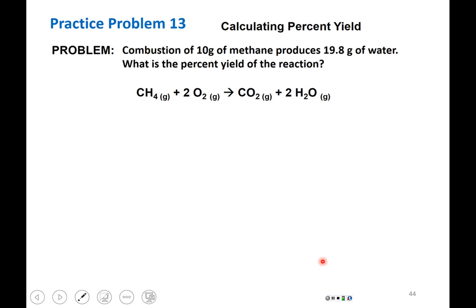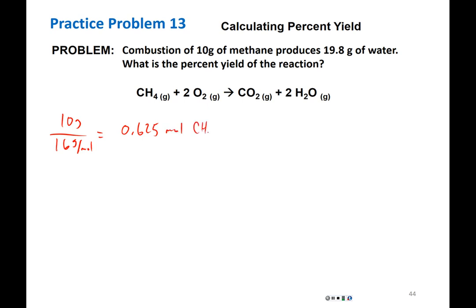You can assume oxygen is in excess, so that means methane is our limiting reagent. So let's look at methane. 10 grams of methane divided by molecular weight, 16 grams per mole, equals 0.625 moles of methane.